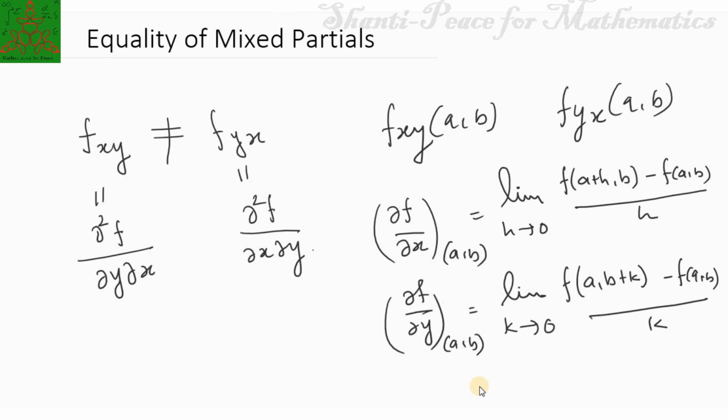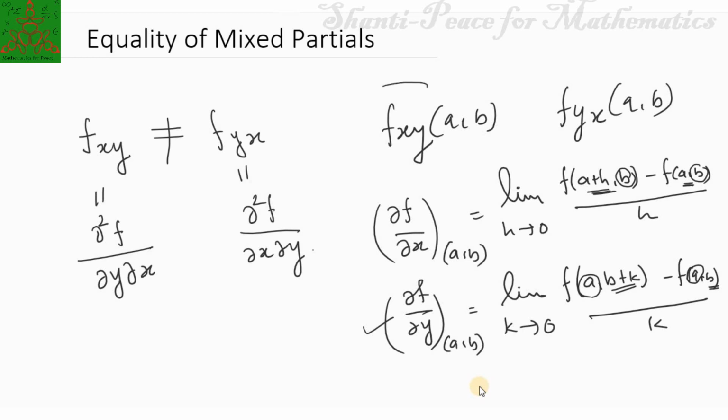Here we are changing the variable x, because it is a plus h, and we are keeping the y variable fixed. That's why it is known as the partial derivative of f with respect to x. And keeping a fixed, that's why it is the partial derivative of f with respect to y.